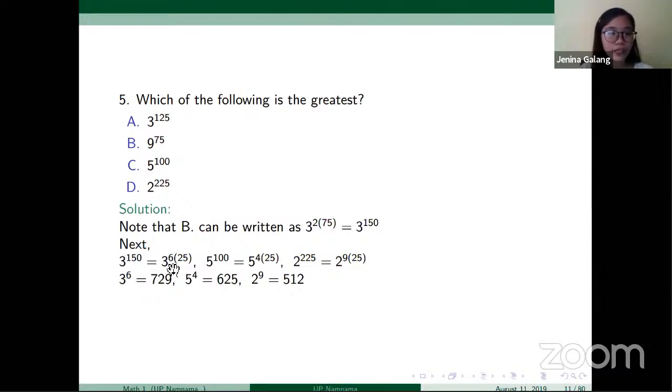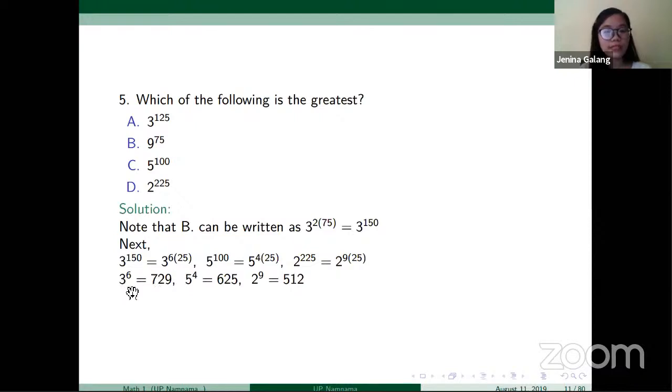So for 3 raised to 150, kunin natin yung 3 raised to 6, we have 729. And 5 raised to 4, for 5 raised to 100, we have 625. And 2 raised to 9, we have 512. So, ginawa natin yan kasi mas doable na yung mga exponents natin.